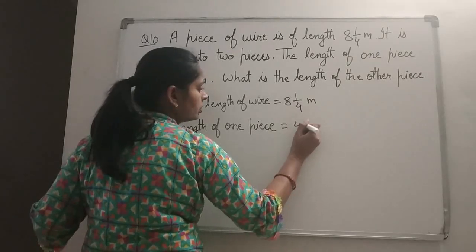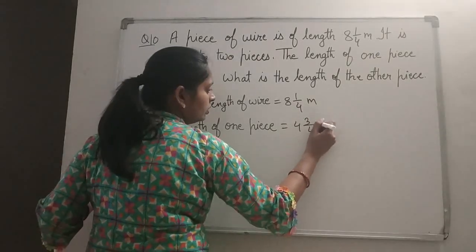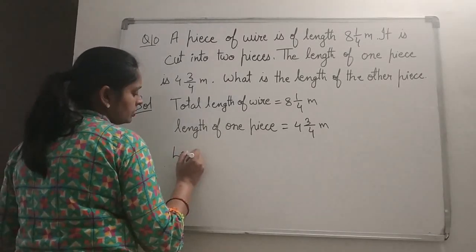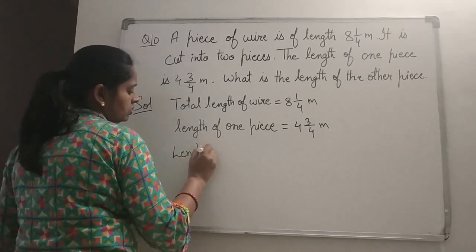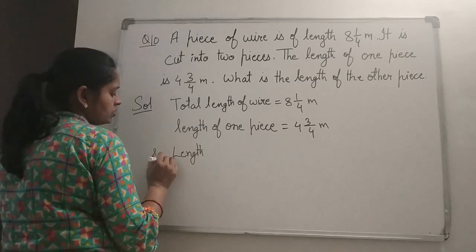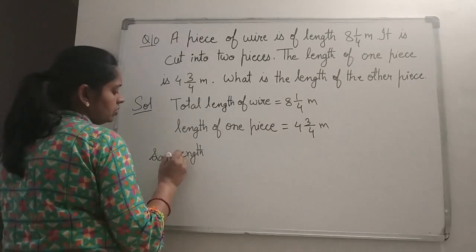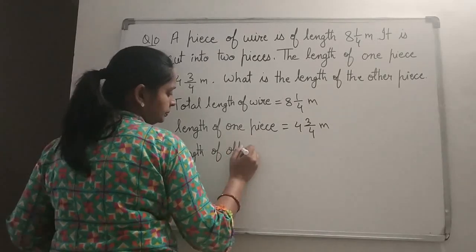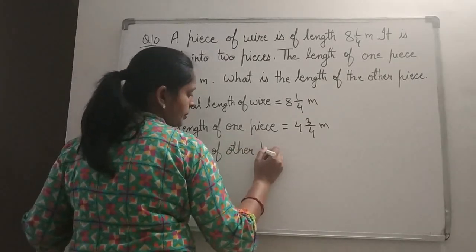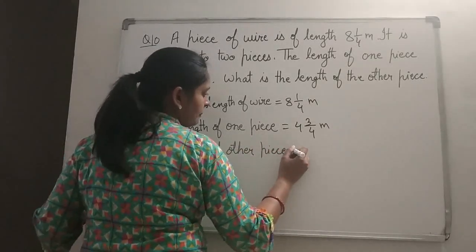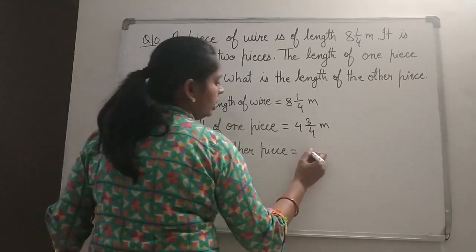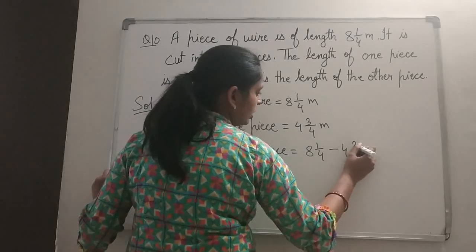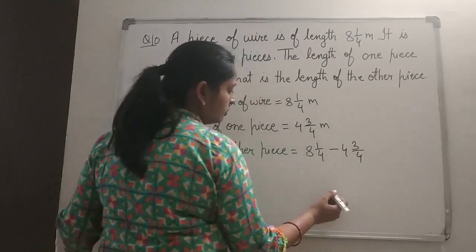Given, 4 3/4 meter. So the length of the other piece, you can write down here, will be equal to what? 8 1/4 minus 4 3/4 meter.